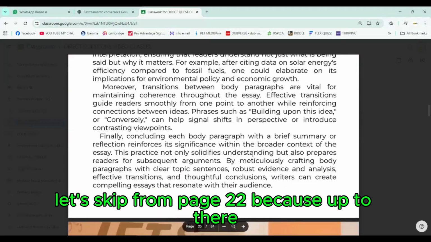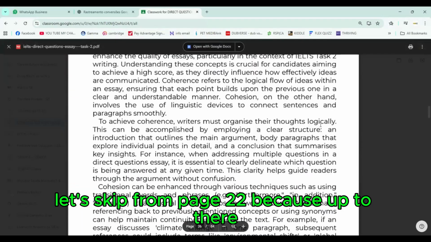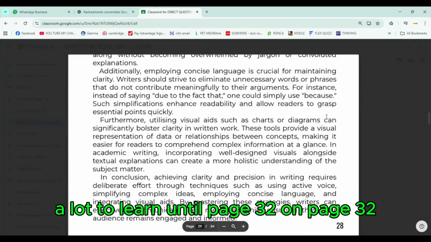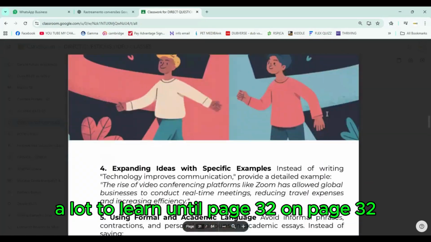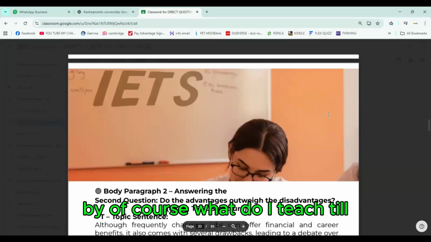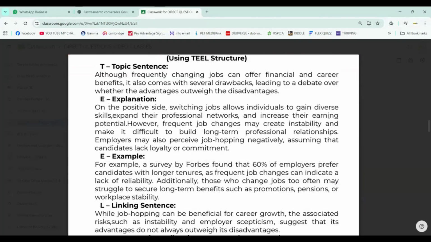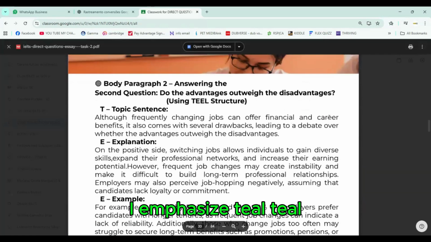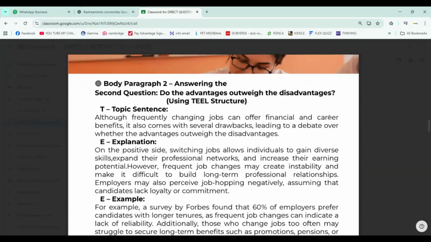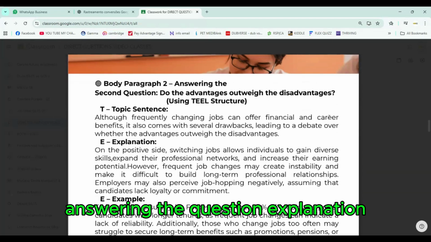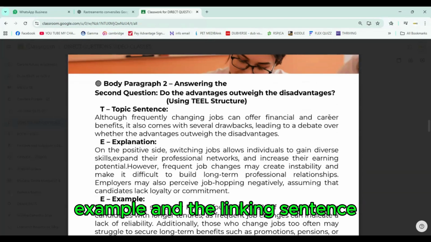Let's skip from page 22 because up to there are many techniques, a lot to learn until page 32. On page 32, of course, what do I teach? In all or almost all of the books, I emphasize TILL. TILL stands for topic sentence, answering the question, explanation, example, and the linking sentence.